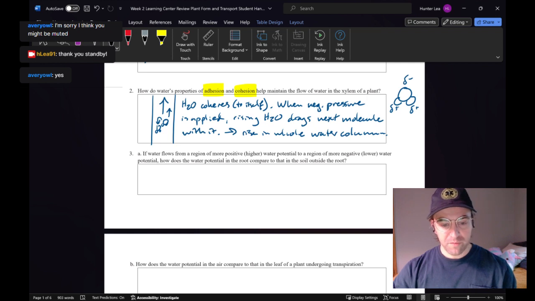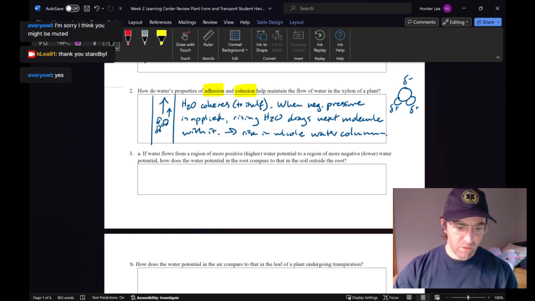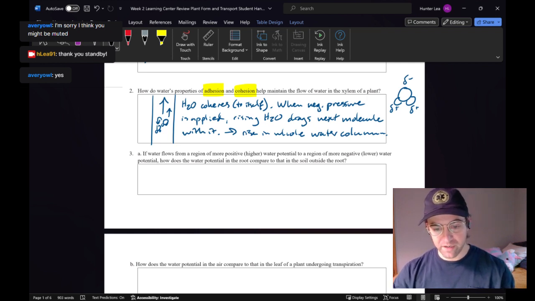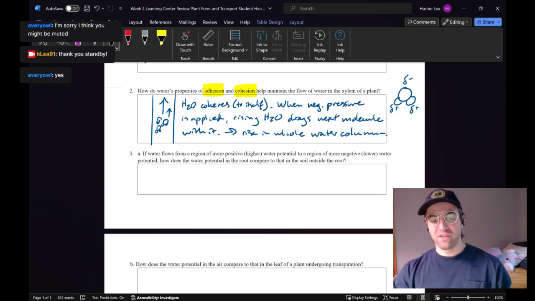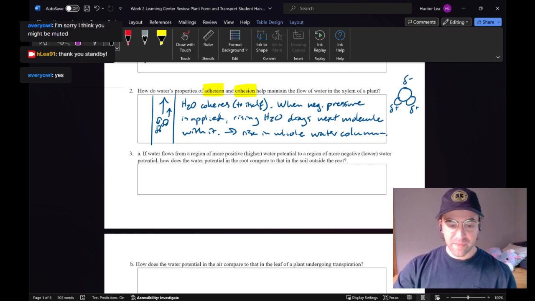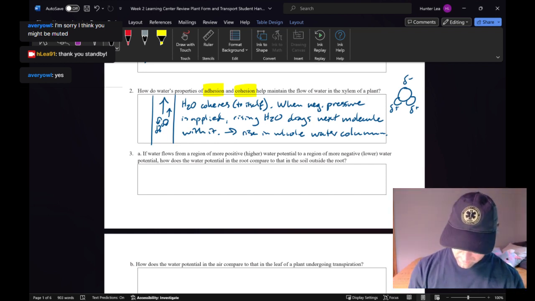So if water flows from a region of more to less water potential, how does the water potential in the root compare to that in the soil outside of the root? The water potential in the soil must be higher than it is in the root. And we have a symbol for this, and that is psi.